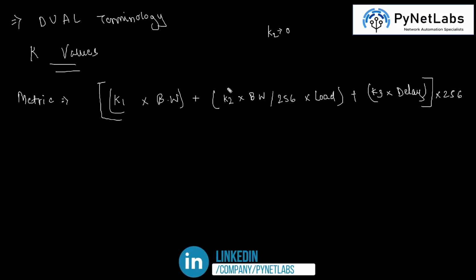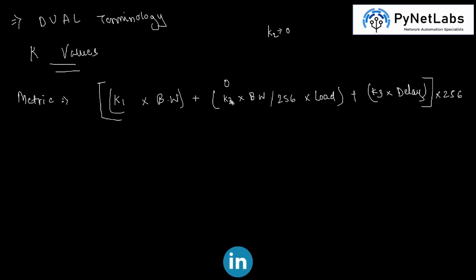So if we multiply something with 0, the result of this will become 0, right? And even if you try dividing 0 by something, the result will always be 0, right? So this whole part becomes 0.